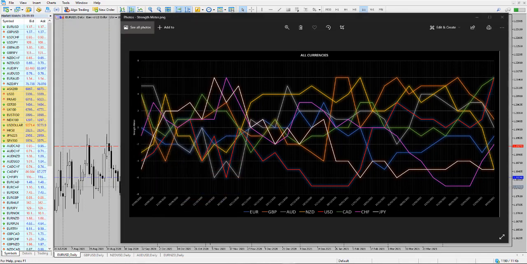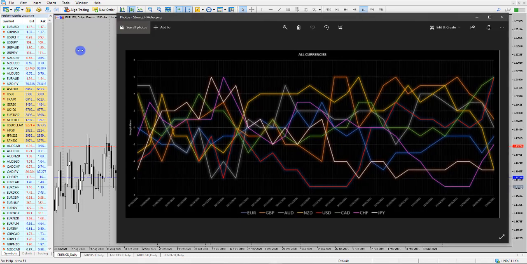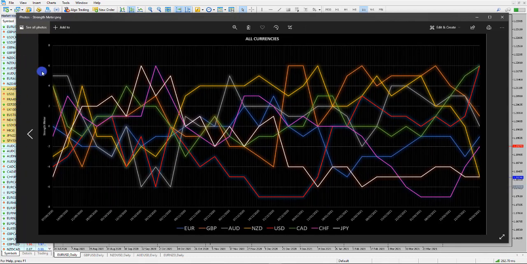Going to the strength meter, we can see this in a little bit more visual detail, and if I can just expand this up a little bit more. Here we go. What we can pretty much see from this is the effect on the New Zealand dollar. The New Zealand dollar is that yellow line, and you can now see that it's weaker than pretty much every other currency apart from the yen.